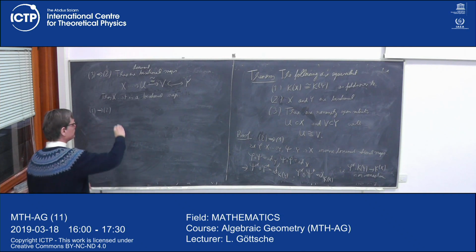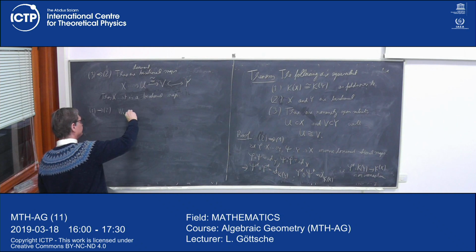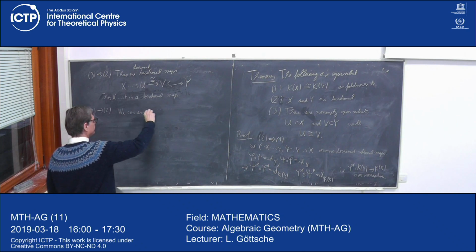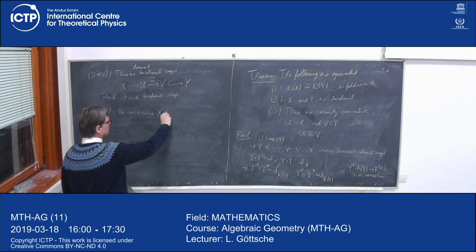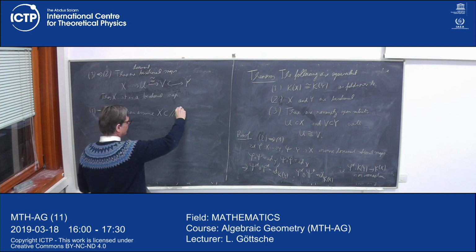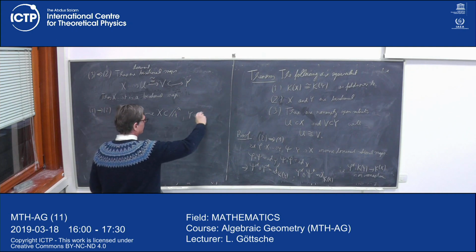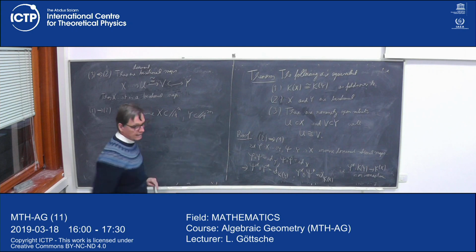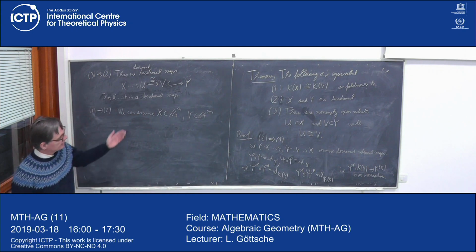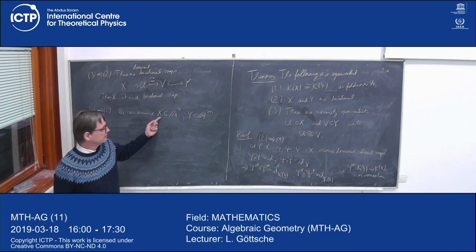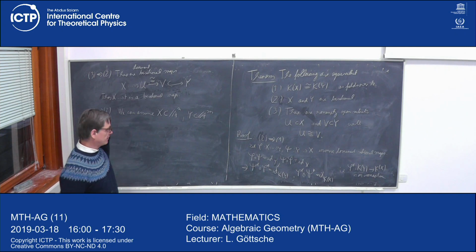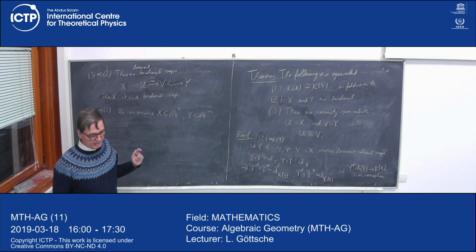So we can assume X is a subvariety of A^N and Y is a subvariety of A^N. Why is that? X somehow lies in some, maybe it anyway lies in a finite projective space.